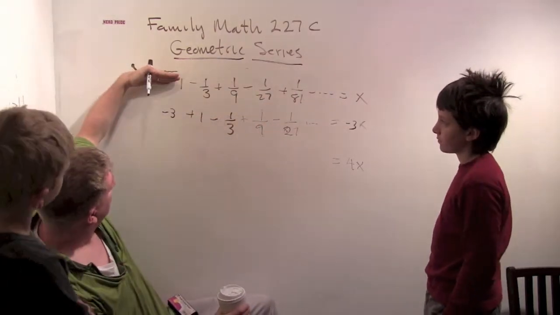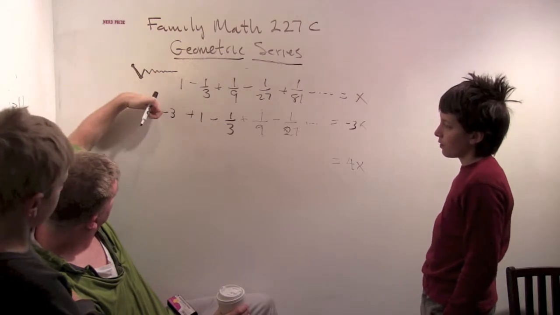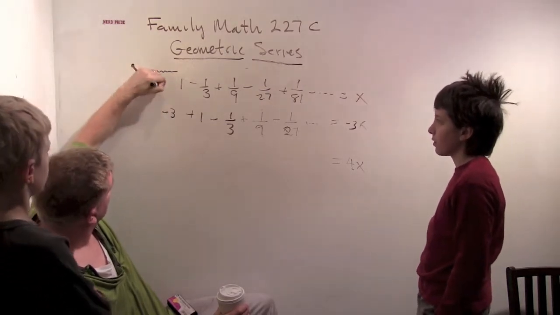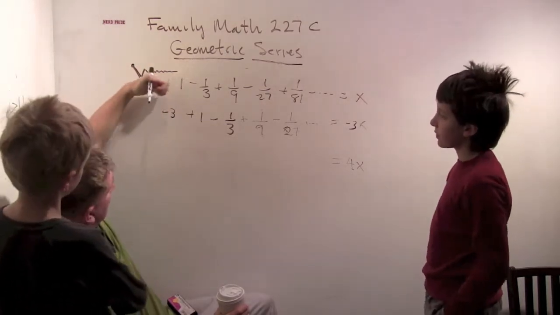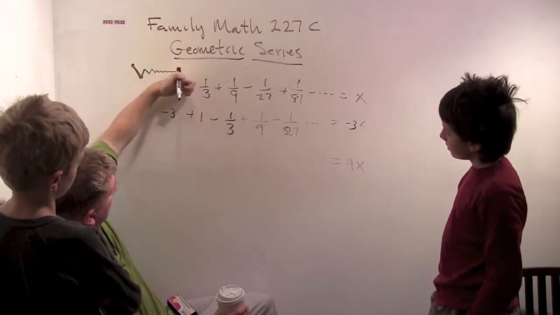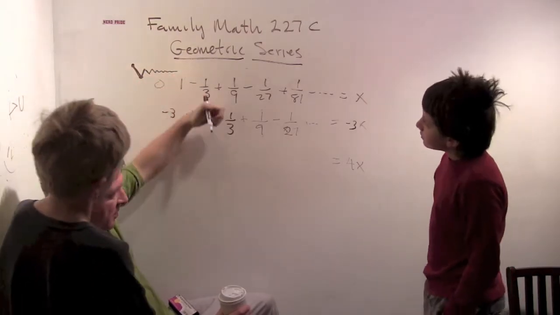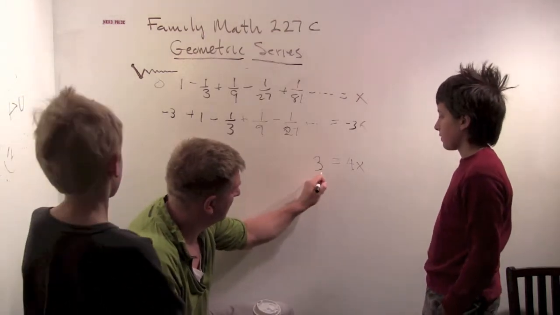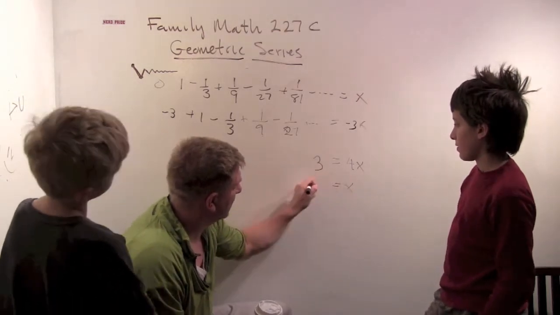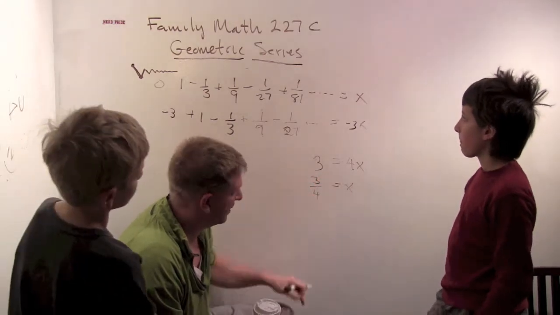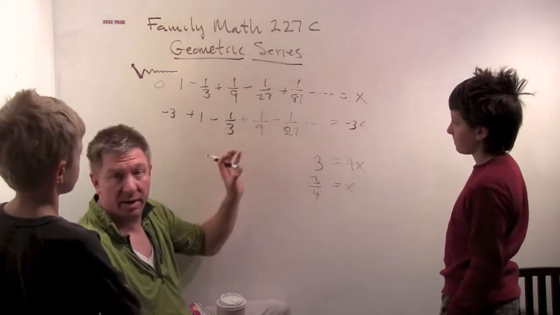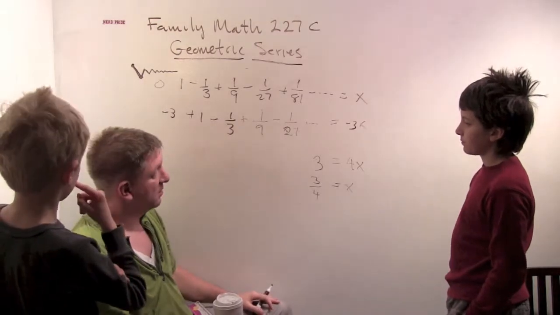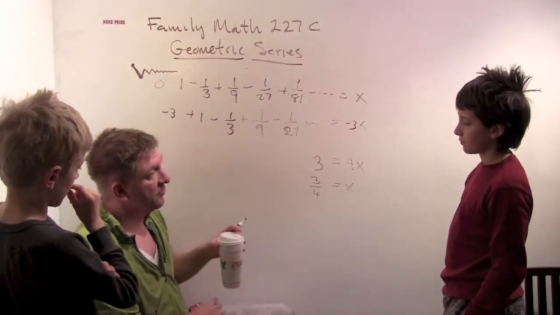So what does this side become? It's 3. 3 is 4x. So again, x equals 3/4. Okay, so it's a little trickier with the minus signs. You've got to be careful what you do here. Okay, now we'll do it in general.